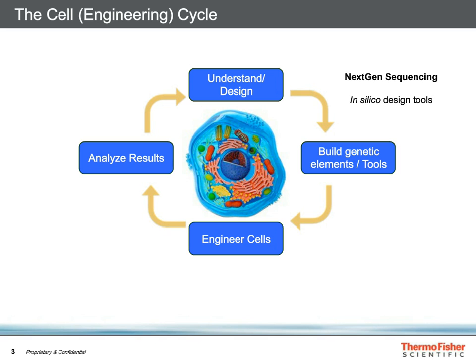And now we can use that data to understand the types of mutation profiles that particular disease models contain. We also can use our in silico tools to take this data and then help us design specific tools that we're going to use to create our edited genomes.